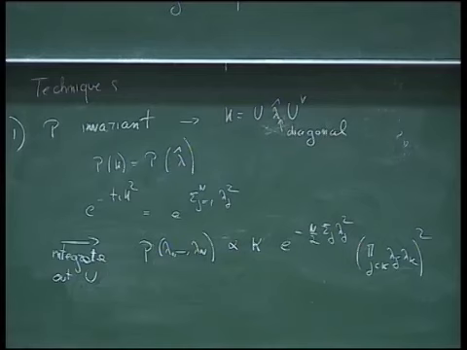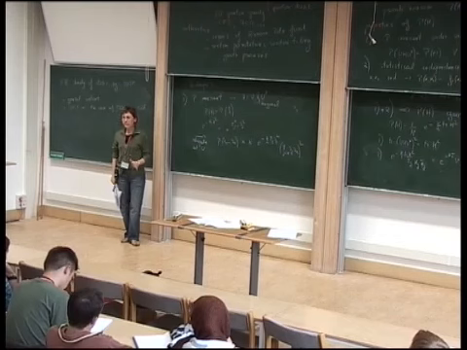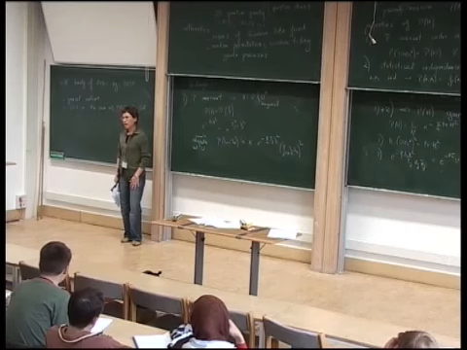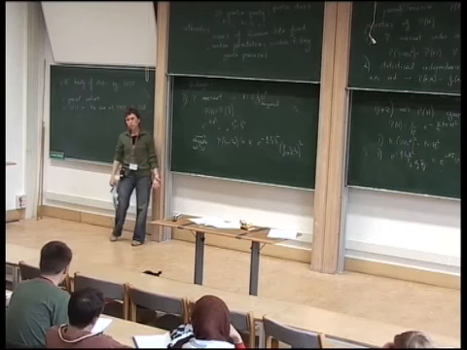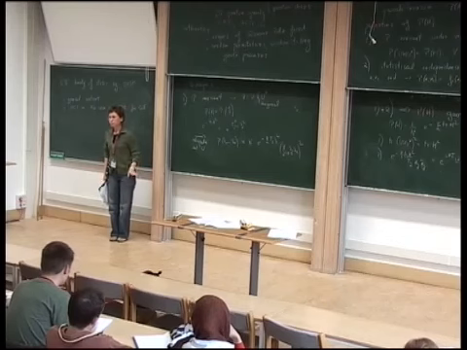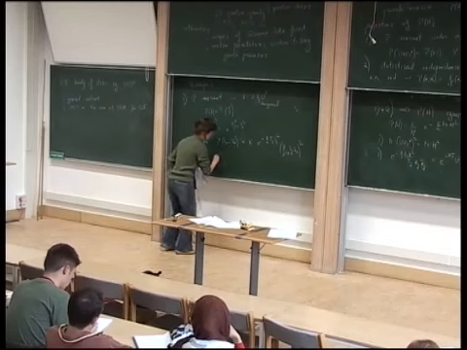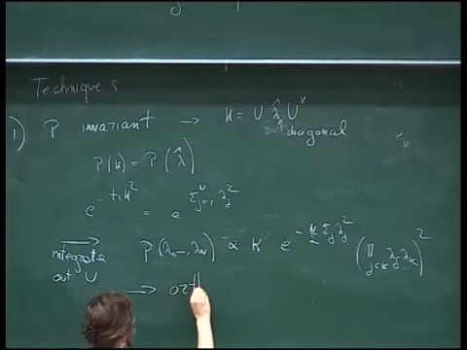Now, once we have this, well, then there is a very powerful technique which is called orthogonal polynomials and the Riemann-Hilbert approach. And there is a big mathematical community working on this kind of problem. I won't talk about orthogonal polynomials.